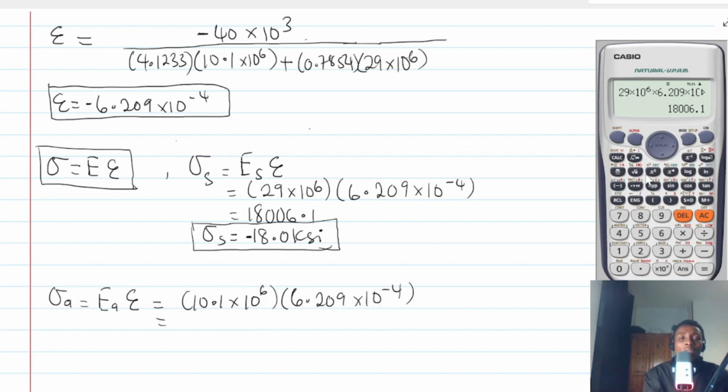So I will just change the Young's modulus here and make it 10.1.